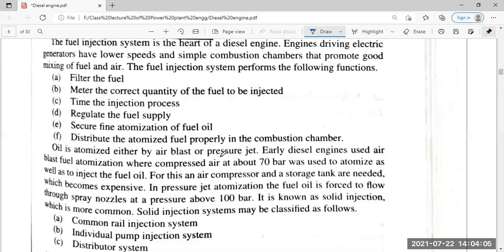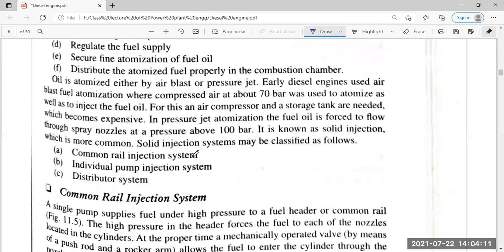The solid injection system may be classified as follows: common rail injection system, individual pump system, and distributor system.